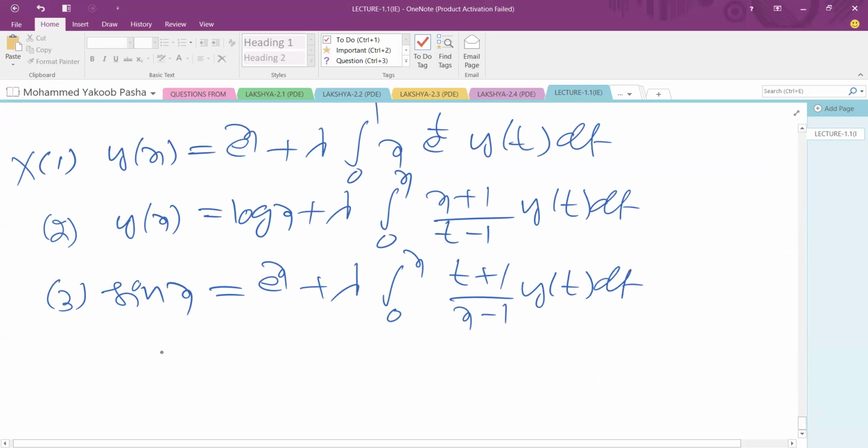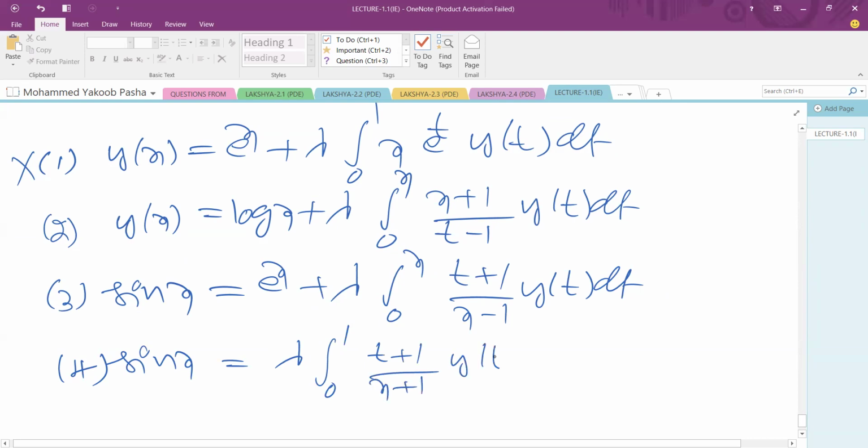Fourth: sin x is equal to lambda integral 0 to 1 of (t plus 1) by (x plus 1) y of t dt. Obviously the first and fourth options are not correct. The third answer is correct.